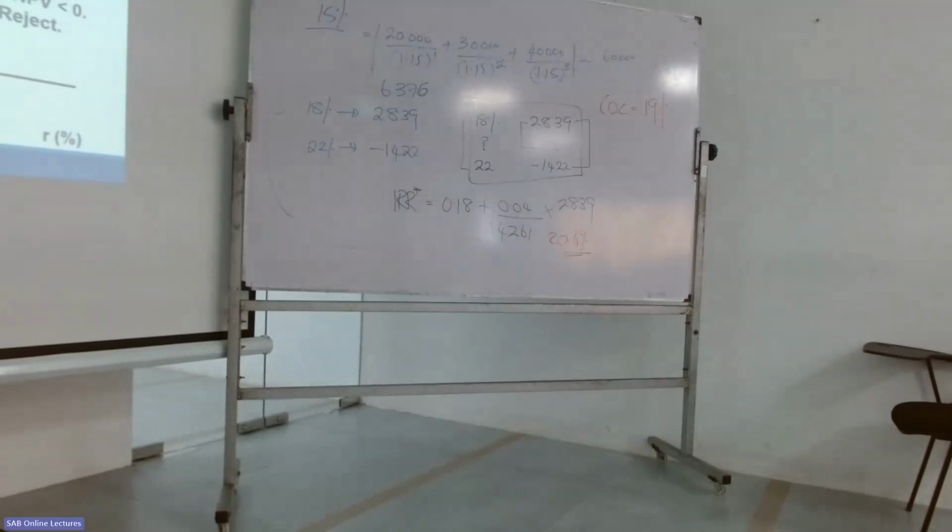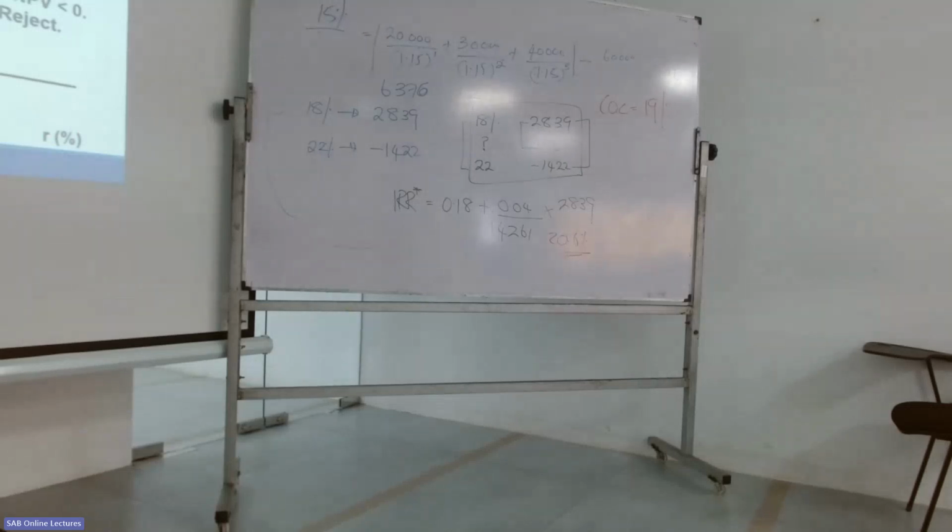If you take a cost of capital somewhere here, this is the project NPV. NPV is positive at this cost of capital level, so according to NPV you can accept the project.